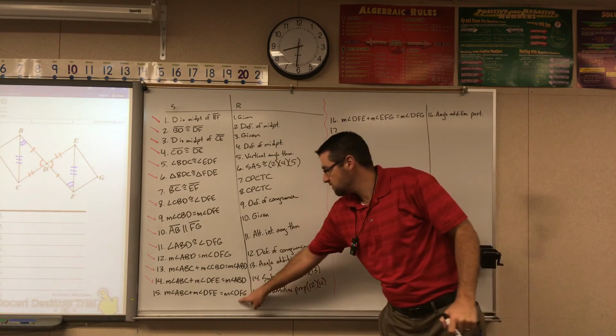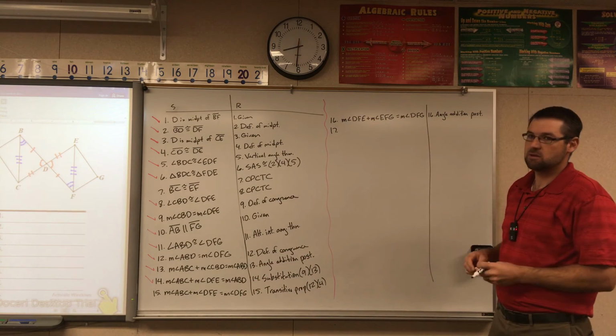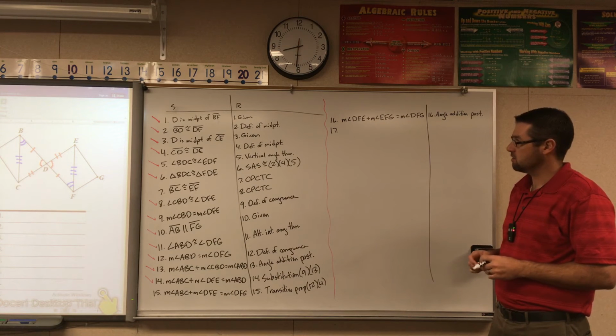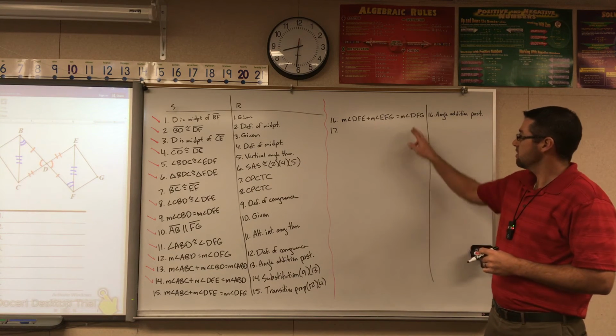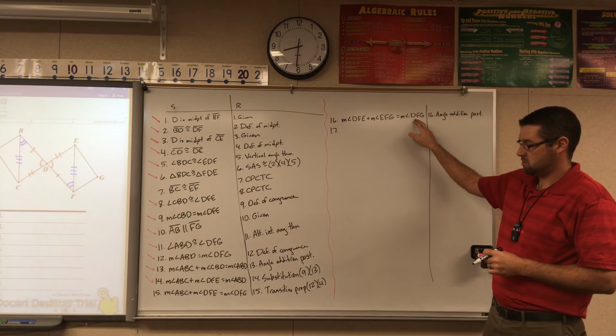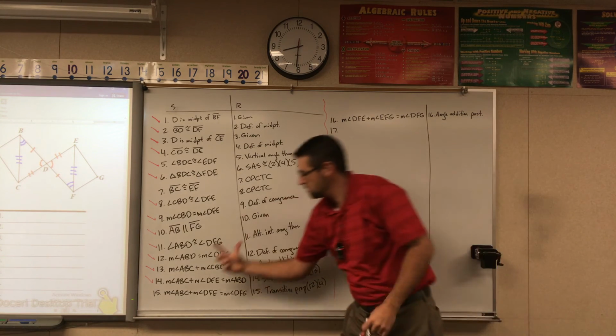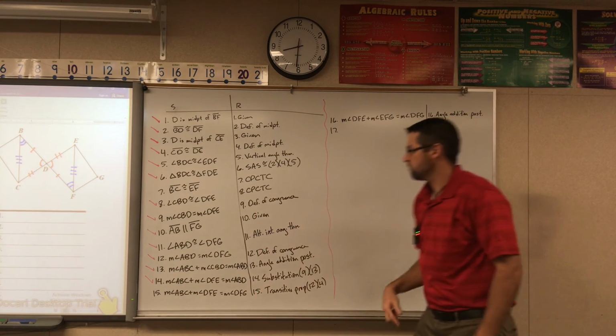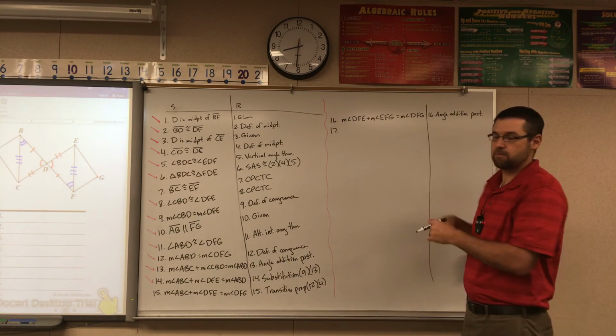What do we notice about step 15 and step 16? They both equal DFG. So that means this sum equals that sum, right?